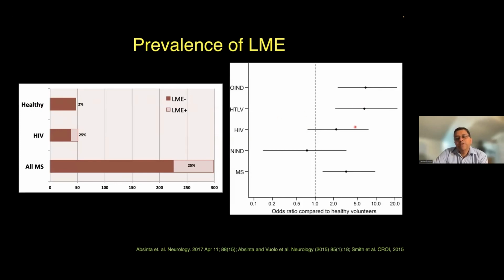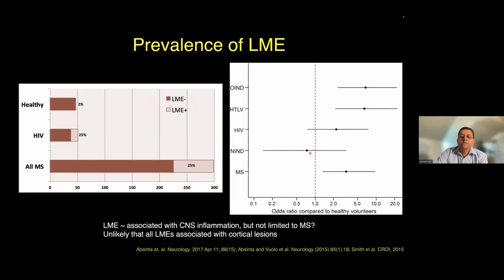If you look at the odds ratio, it seemed to show that LMEs were associated with CNS inflammation, not limited to MS. And also it is unlikely that all these LMEs were associated with cortical lesions. So it could be that there is inflammation in the meninges that has not yet transferred into the cortex. So that part was disappointing in that we were not really getting to the cortical lesions.